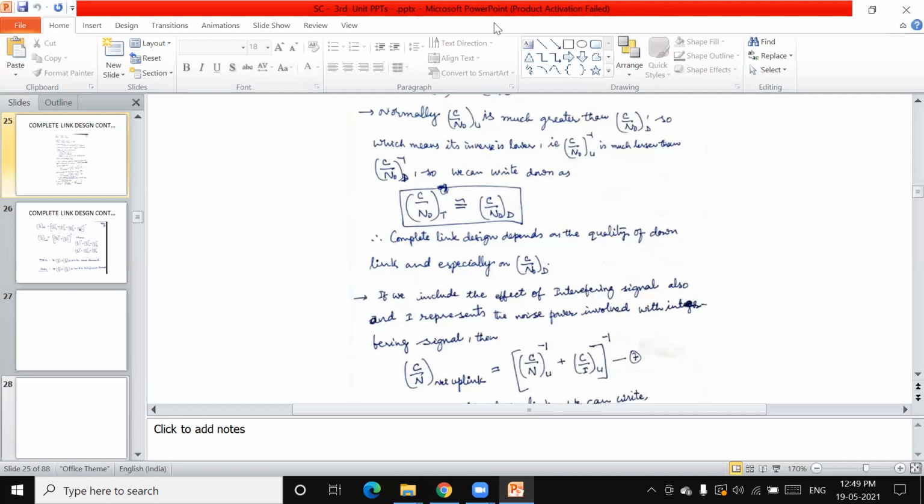Then you write the noise power available at the receiving earth station, and the carrier power at the receiving earth station. C by N, you just have to give it.